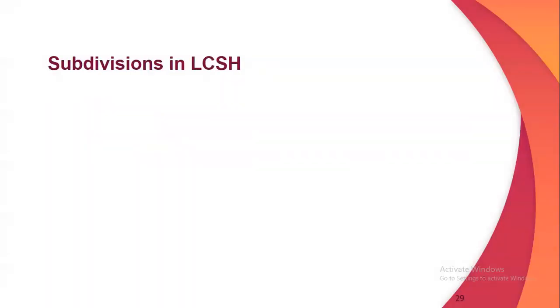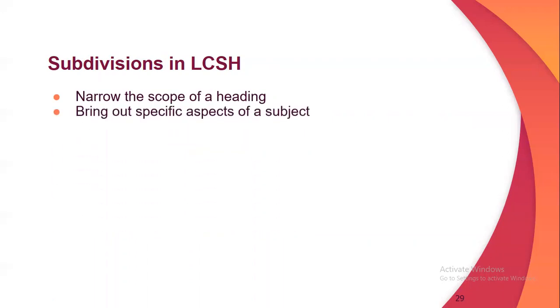Subdivisions in Library of Congress subject headings narrow the scope of a heading and bring out the specific aspects of the heading. Now we'll take a look at some of the characteristics of subdivisions in Library of Congress subject headings.